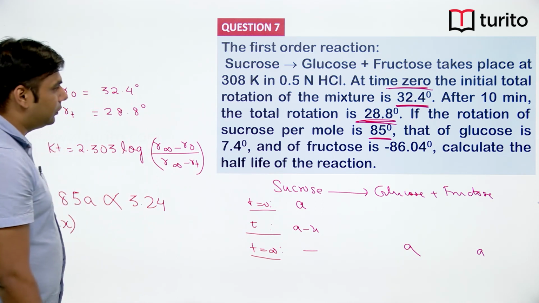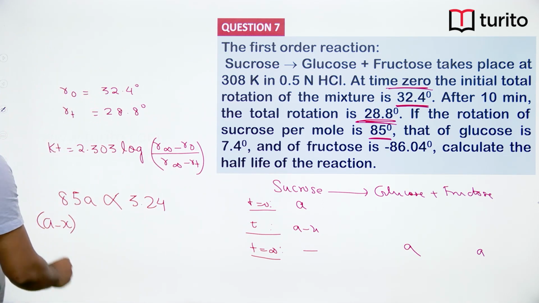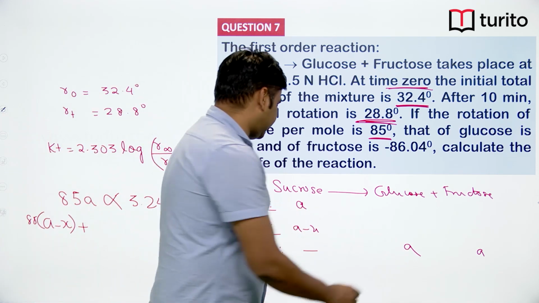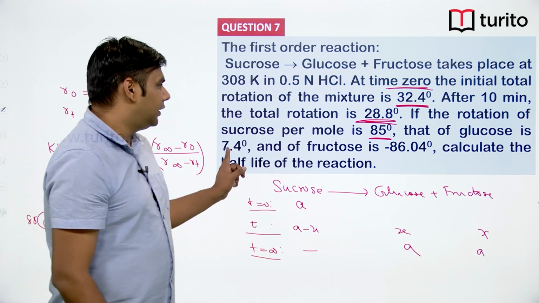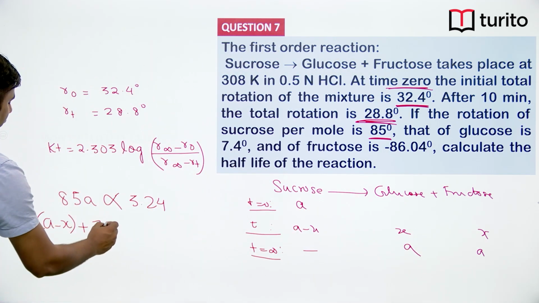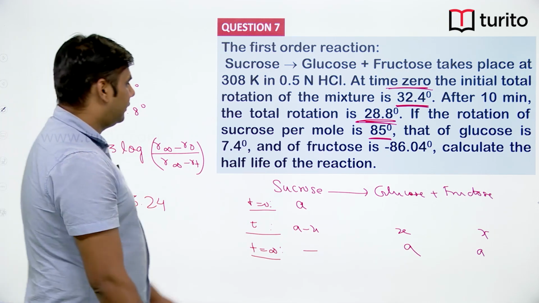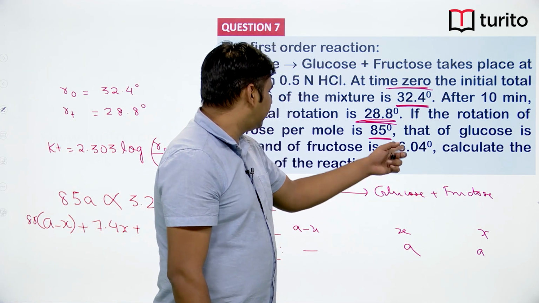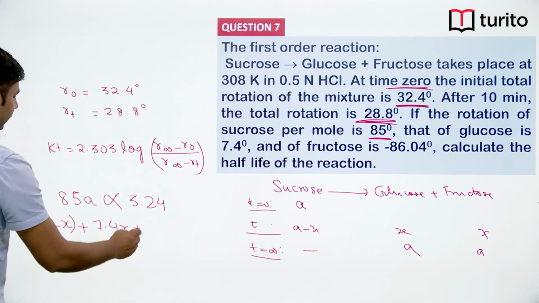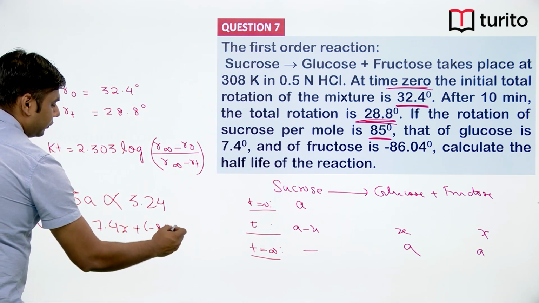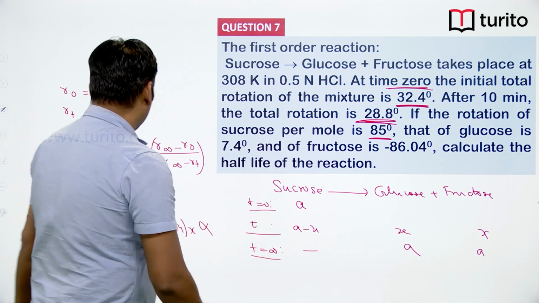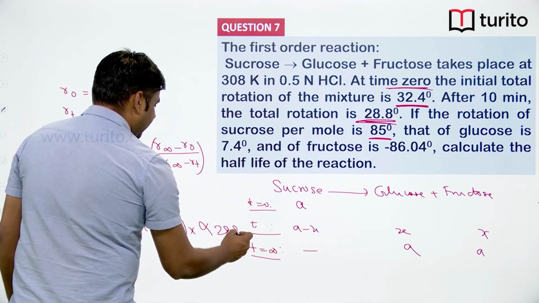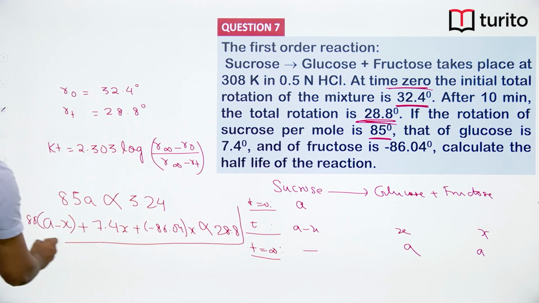So (A minus x) into the rotation of sucrose, which was 85, plus x into the optical rotation of glucose, that is 7.4, plus x for fructose, whose rotation is minus 86.04, would be proportional to the optical rotation at that time, which is 28.8. So basically we have these two equations.